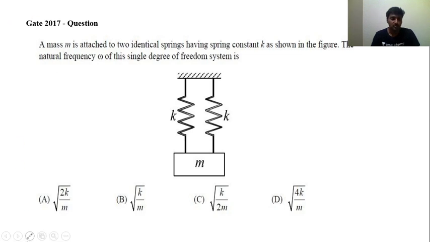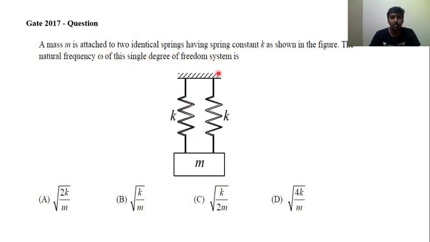This question was asked in the GATE 2017 Mechanical Engineering question paper. A mass M is attached to two identical springs having spring constant K, as shown in the figure. The natural frequency omega of this single degree of freedom system is?